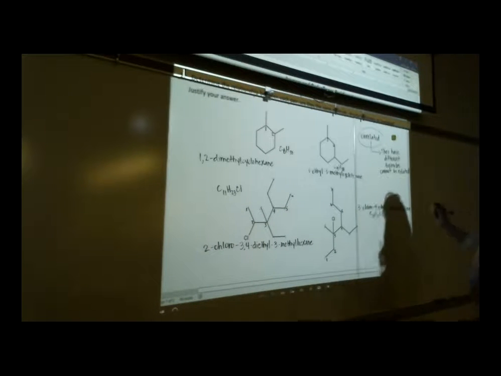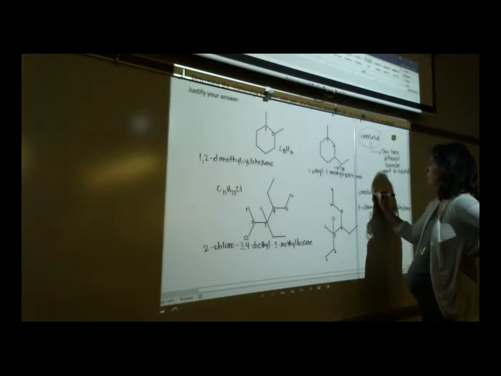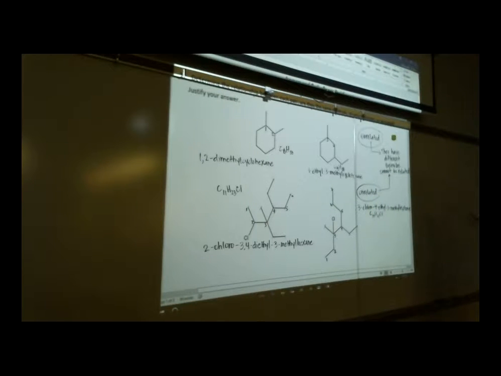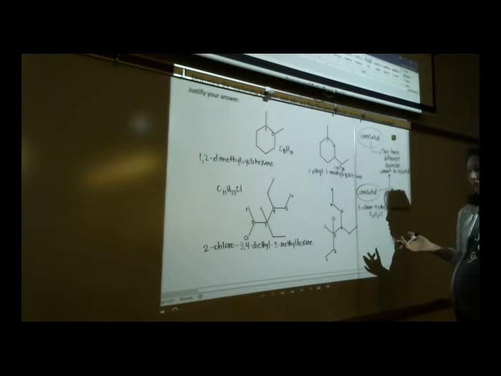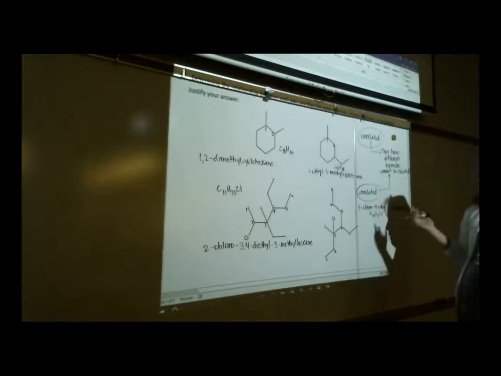Nope, these would also be unrelated. And for the same justification as the previous one, right? Different formulas can't be related. But if you just glance at them, you say, we got a whole bunch of branching going on, we got a chlorine atom in there, maybe they're the same, right?